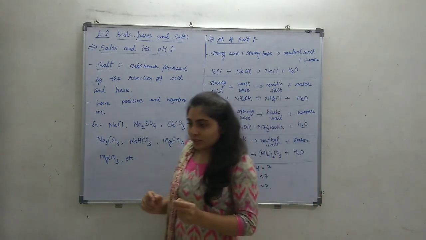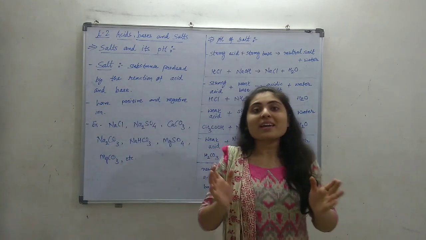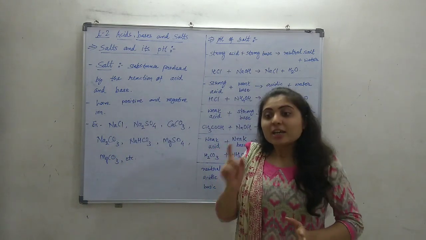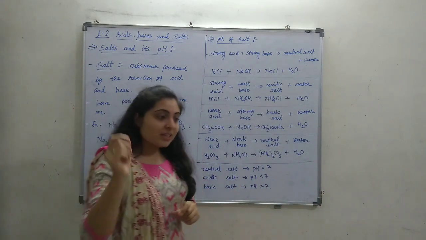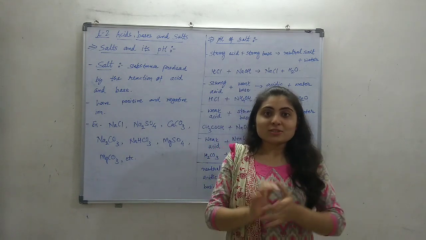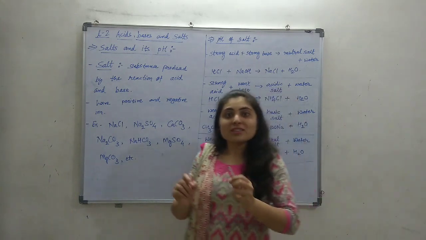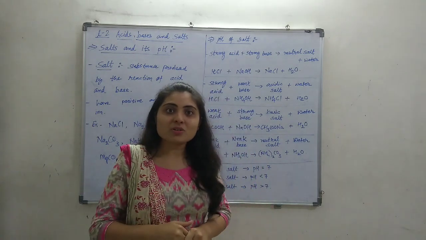Salts are nothing but the substances which are formed by acid and base. We know the reaction between acid and base. When acid and base react with each other, they form salt. And this process is called the neutralization process. Why is it called the neutralization process?